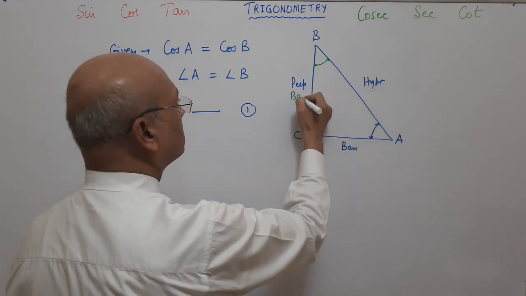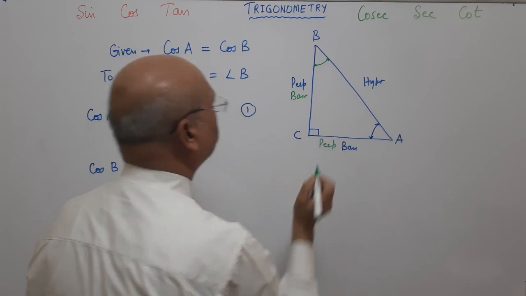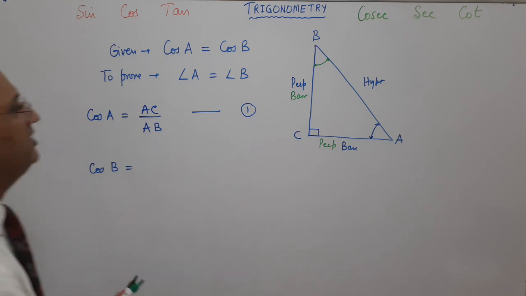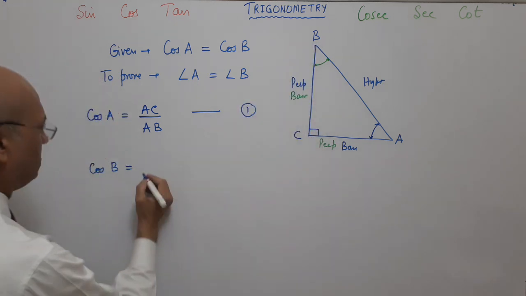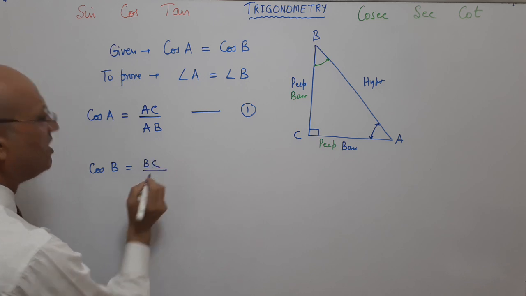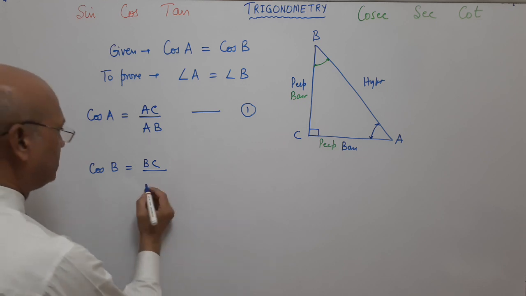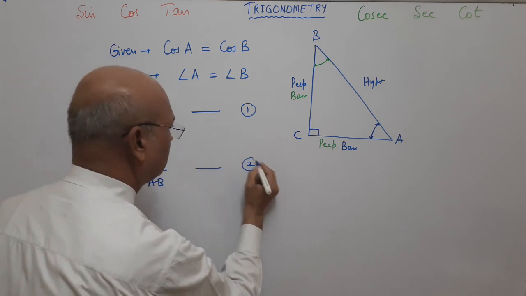This will be base and this will be perpendicular. Now cos B, if you want to write the value, that will be base upon hypotenuse. So for B, base is BC and hypotenuse is AB. This is the second equation.